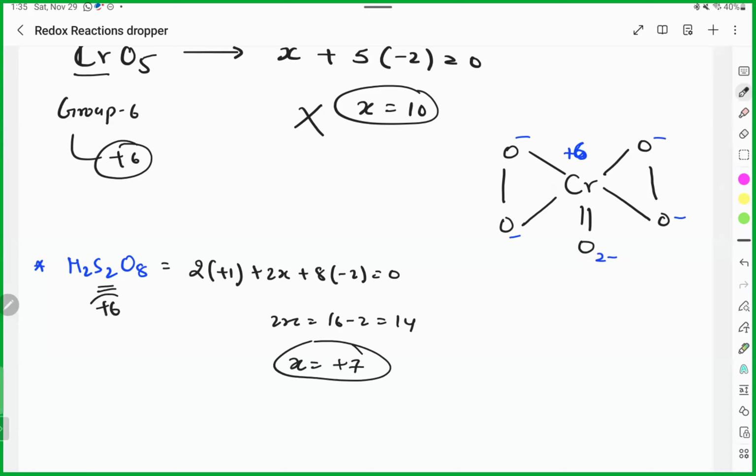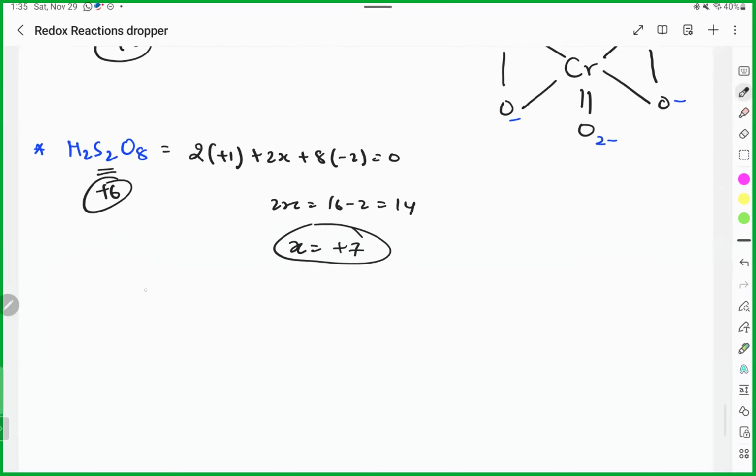Sulfur will have +6 maximum. So sometimes you will get an answer like that, but you have to understand there is a maximum limit for every element. A group 1 element cannot show more than 1, group 2 more than 2, like this. There is a maximum limit on the number of electrons.